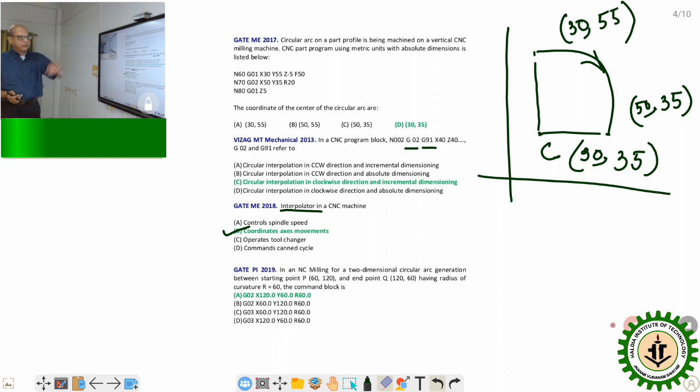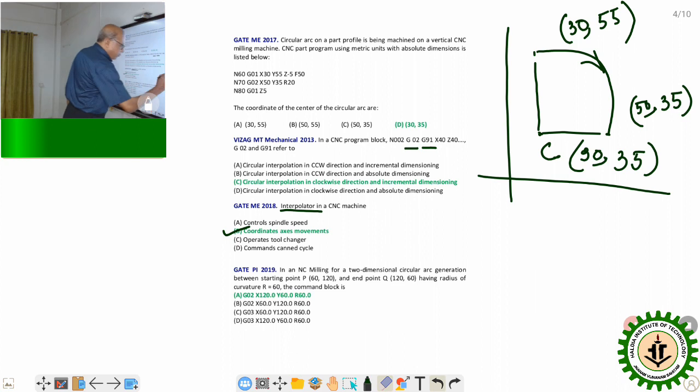So it will be similar to the previous one, but your starting point, end point coordinates are different: 60 120, 120 60. The circular command is implemented in that particular block where that exact G02 or G03 command takes place. Now since it is moving from 60 120 up to 120 60, the configuration will be more or less similar to this one.